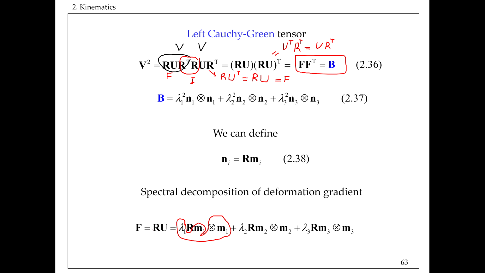And now we come with this R here, so we can pull outside that lambda because it's a scalar, and then we multiply with R from the right and from the left, obviously.